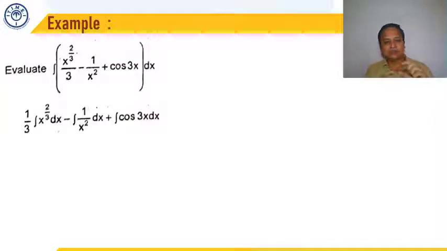1 by 3, constant, we take outside the integration, x to the power 2 by 3 dx, minus integral 1 upon x square dx, plus integral cos 3x dx.